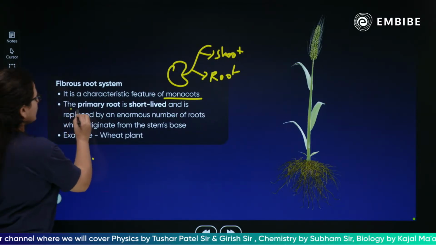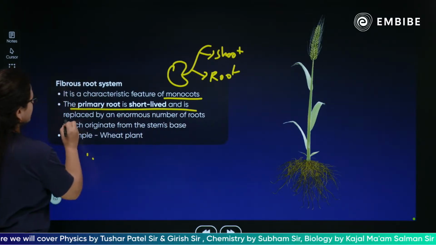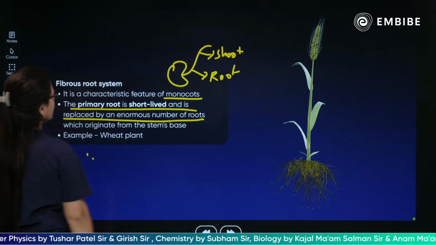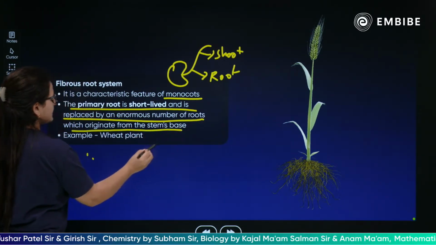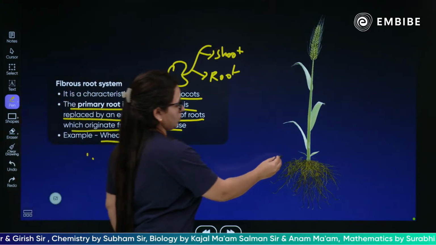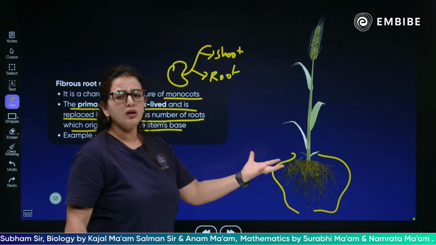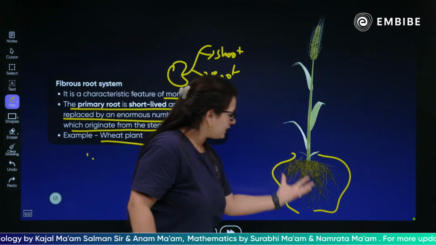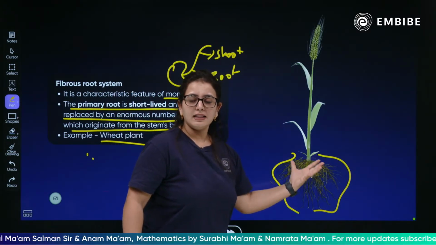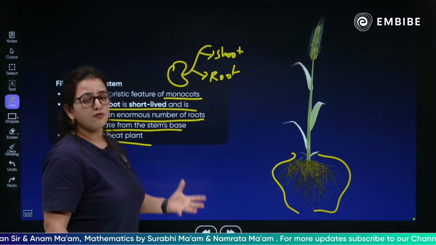The primary root is short lived and is replaced by an enormous number of roots which originate from the stem base, for example the wheat plant. As you can see, this kind of system is like fibers, like a whole bunch of roots. They are not very long, they are short and they originate from the stem.